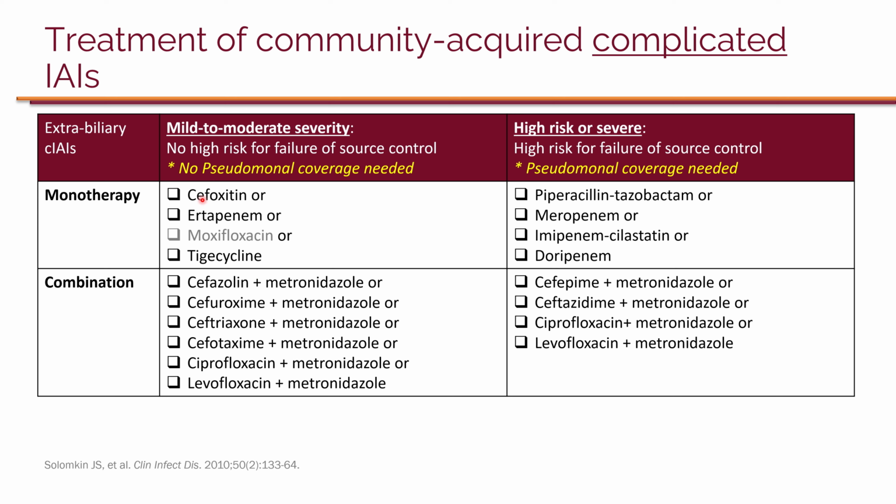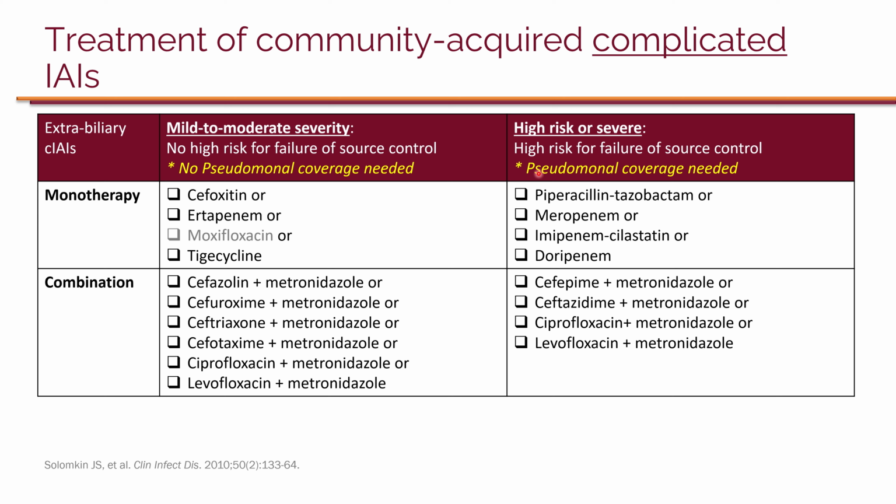So you essentially want to cover E. coli, Klebsiella, and Bacteroides. So monotherapy includes cefoxitin, ertapenem, or tigecycline, or a combination of either cefazolin plus metronidazole or cefuroxime plus metronidazole. Essentially some cephalosporins plus metronidazole or a fluoroquinolone plus metronidazole.